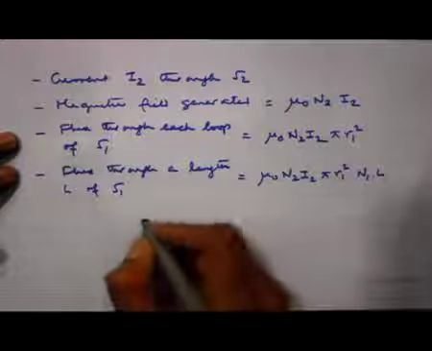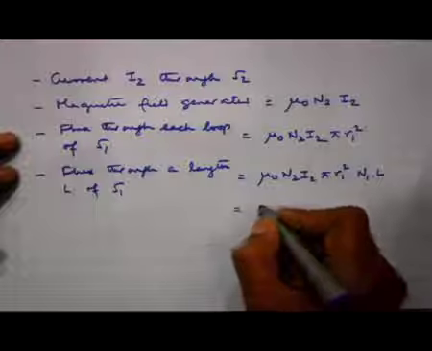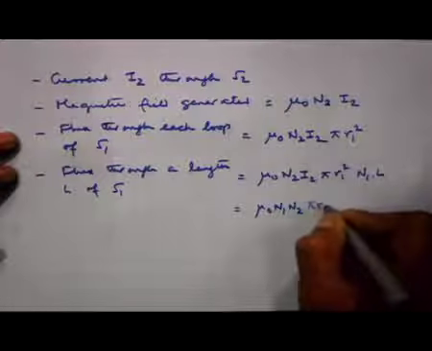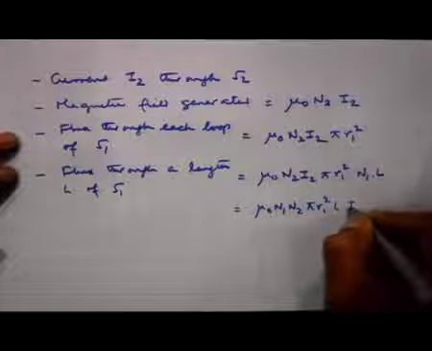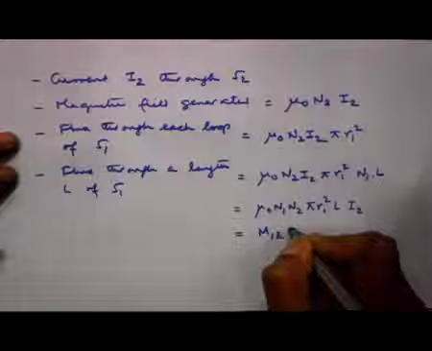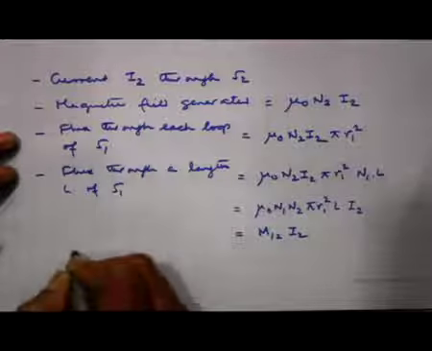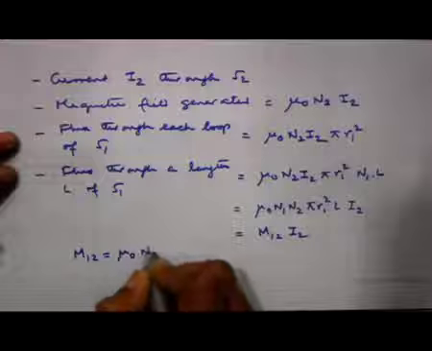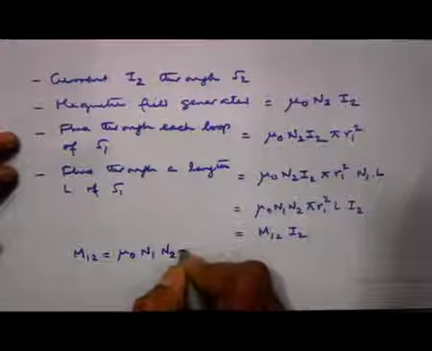So, this is equal to mu naught N1 N2 pi R1 square L I2, which I write as M12 I2, where M12 is the mutual inductance, which is mu naught N1 N2 pi R1 square.